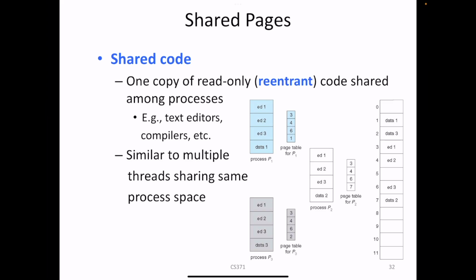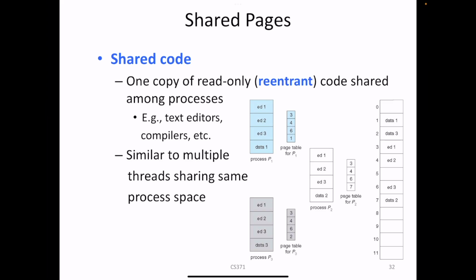For example, the shared code could be instructions for a text editor or compiler. Actually, this mechanism is quite similar to multiple threads sharing the same process space. This mechanism can save memory space to allow more processes to be loaded onto the main memory.